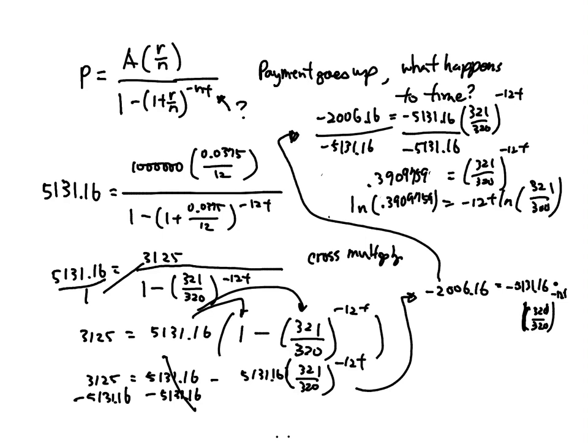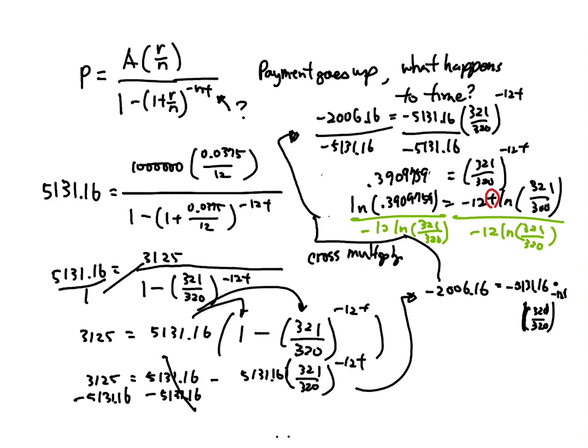Alright, we're almost done. Now we need to get t by itself, which means we divide by everything else. So divide both sides by negative 12 natural log of 321 over 320. Let's see what we have.